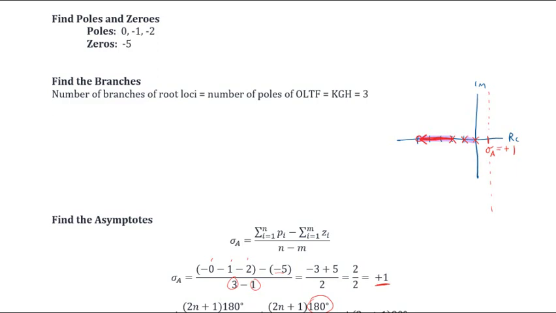Okay, so that's one of the branches. So as k gets bigger, this pole right here is going to move to the left toward that 0. Now these two, the -1 and the 0, they're going to come to the middle. And then they're both going to break away. One's going to go up and one's going to go down.